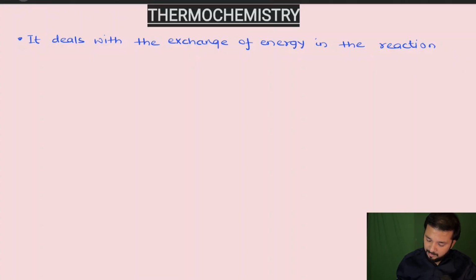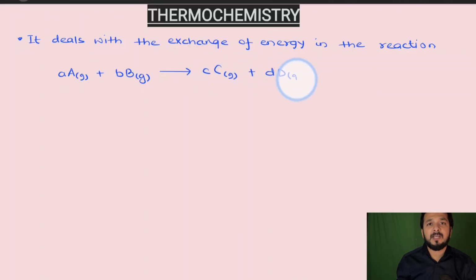Let's take an example. A gas plus B gas giving us C gas plus D gas. This is a chemical equation in which we have written the reactants, which are A and B, and the products, which are C and D, and small a, small b, small c and small d represent the stoichiometric coefficients.